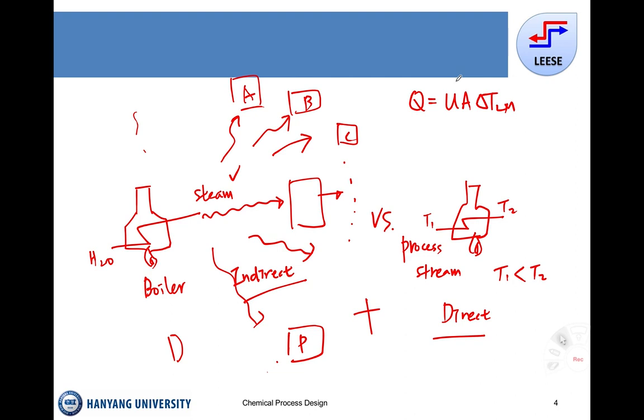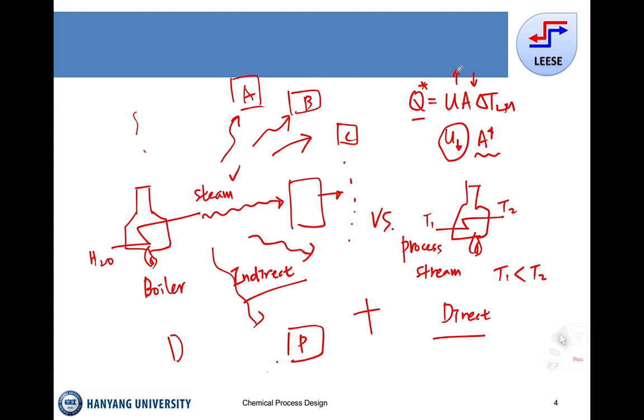If U is big, then the A will be reduced. If the U is low, then A will be increased when Q is fixed. So the heat duty of the heat exchanger is fixed, and if the heat transfer coefficient is reduced, the heat exchanger area is to be increased.